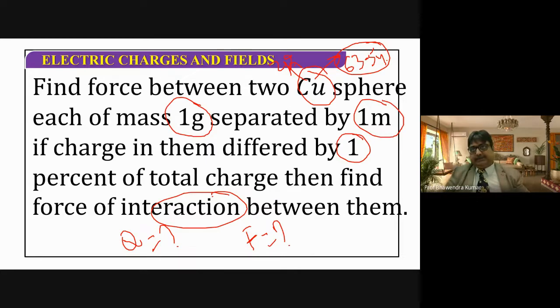Means the value of charge will be the same as compared to the neutral state. If it is 1% more, then it will become positive. If it is 1% less, then it will become negative. If you remove a certain number of electrons from one, you put them on the other. That is 1% transfer taking place. That is the meaning of that.